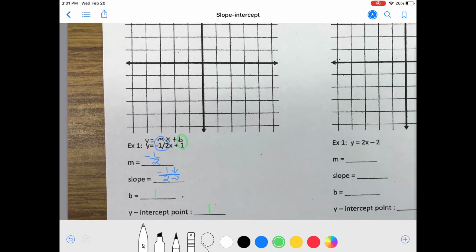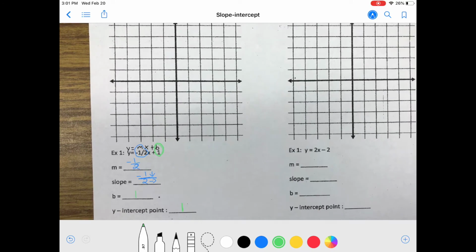So I'm going to go to my graph. I'm going to find where I have +1 on my y-axis. And then my slope is telling me to go down 1, to the right 1, 2. So there is my second point. Now if I want to, I can go ahead and create that line, or I could find more points. So down 1, to the right 1, 2. There's another.